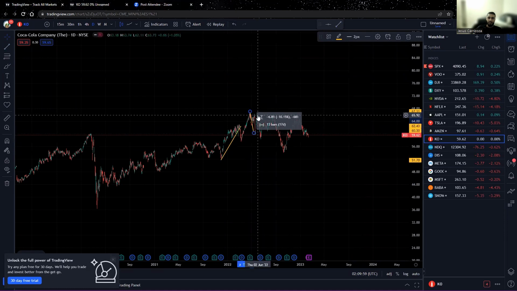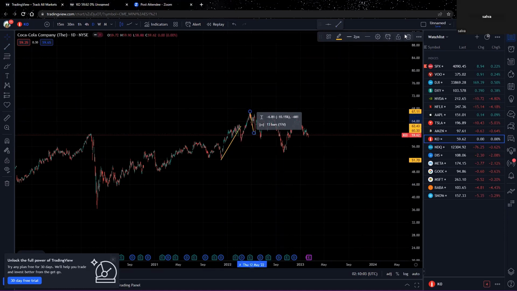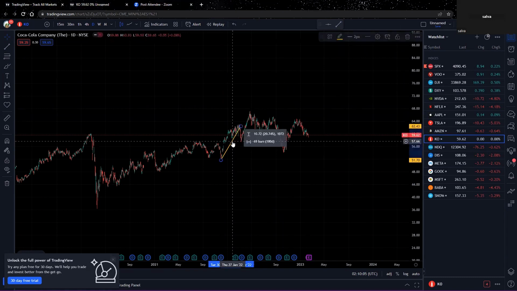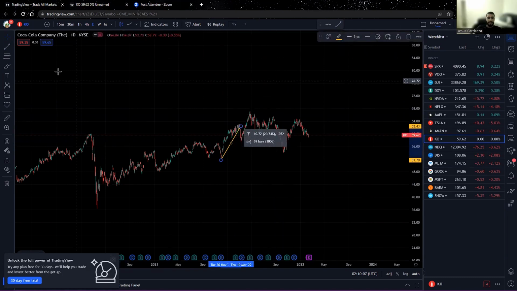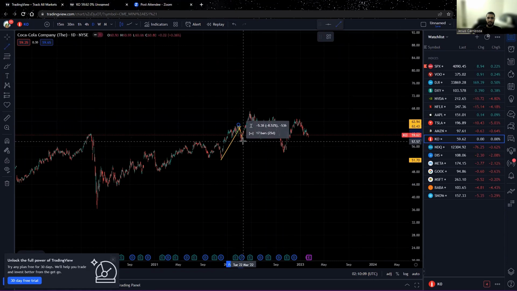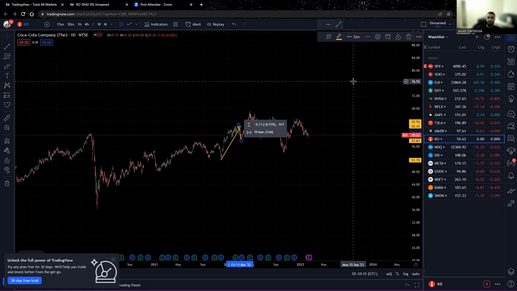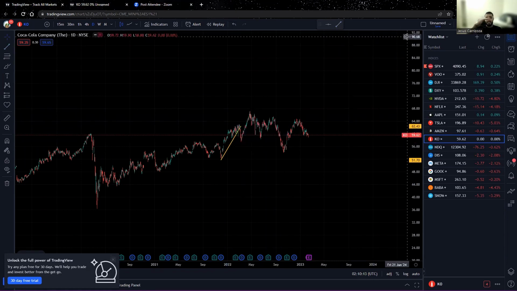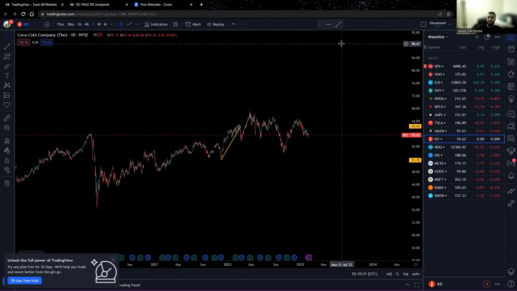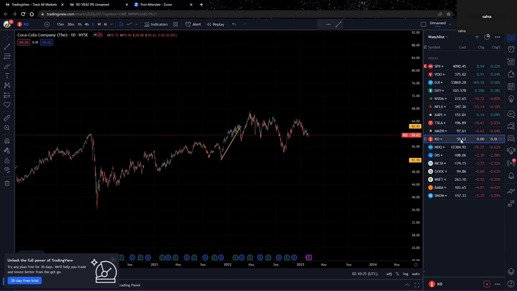You see how a violent move up comes with a violent move down, and a slow grind up comes with a very minimal pullback because it's steady? There's no hype and euphoria. The company is progressing, little by little. You understand that? Cool.